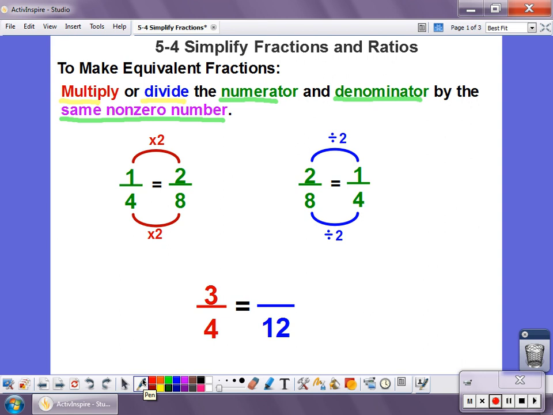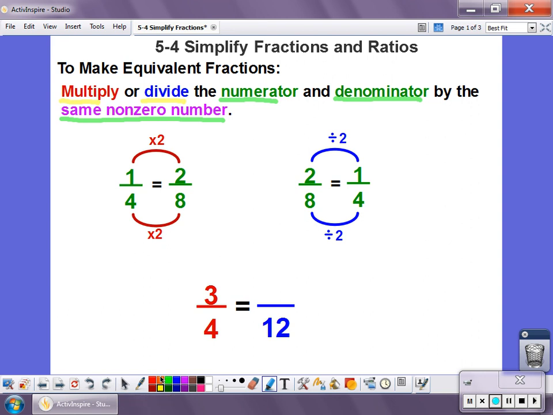So here's an example. If you look at this first fraction, 1/4, if we're trying to find a fraction that's equivalent to that, what we're going to do is multiply and divide our numerator and denominator by the same amount. If I'm just looking for any equivalent fraction, I can pick any number to multiply or divide by. But in this case, I decided I was going to multiply both my numerator and my denominator by 2.